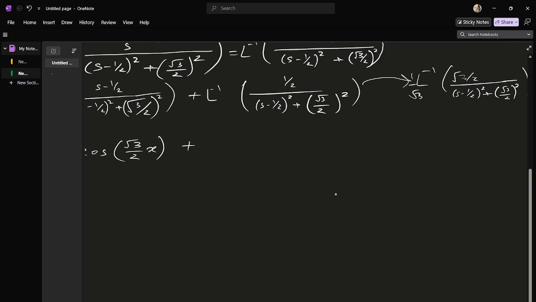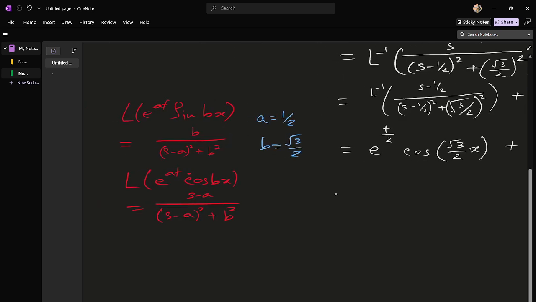Then you can see we have got the original form of our second formula.